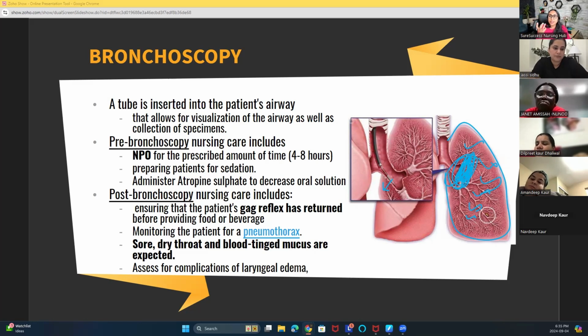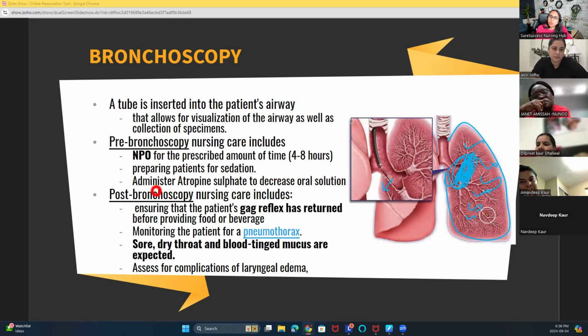When we are sedating him, make sure that all your reflexes will go down. You won't have the gag reflex, you won't have anything. So after the NPO, prepare for the sedation; atropine sulfate is normal medication we are going to give to decrease the oral secretions.